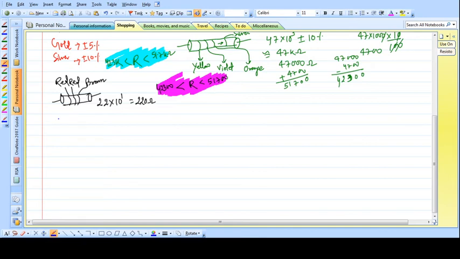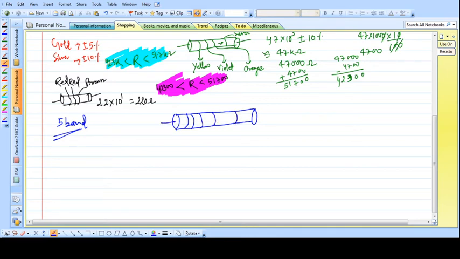For 5-band, initially we covered the 4-band. There are 5 bands, so 1, 2, 3, 4 and 5.